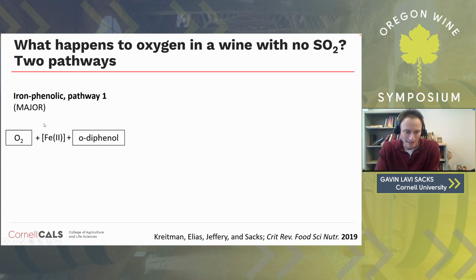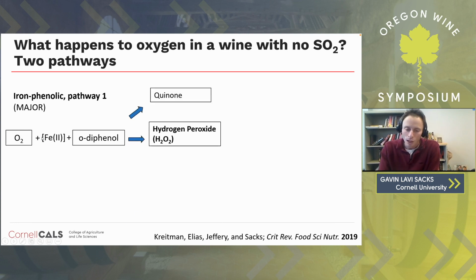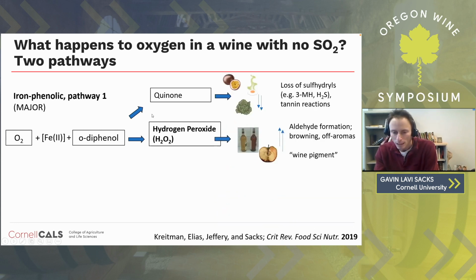The difference here is instead of having an enzymatic catalyst, PPO, now we've got iron as a catalyst. Okay, so this reaction proceeds. It'll form an oxidized diphenol, a quinone, just like when we oxidize must pre-fermentation. But the big difference is that we also make hydrogen peroxide. These two compounds, highly reactive. They can result in loss of sulfhydryls.